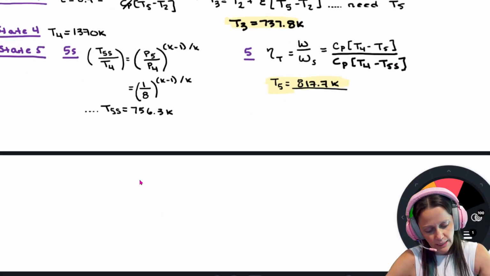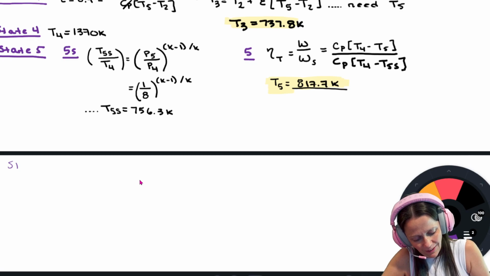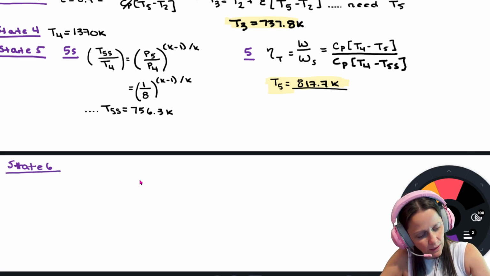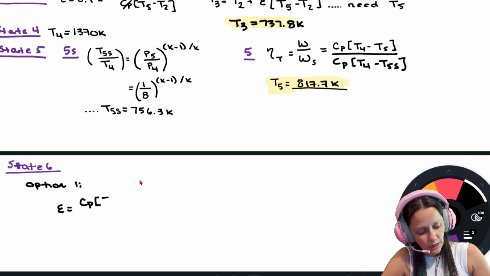So 5 minus 6 on top, 5 minus 2 on the bottom. Okay, so let's do that. For state 6, we really have two options here. I'm using the regenerator effectiveness as one of them. On the top it was T5 minus T6.